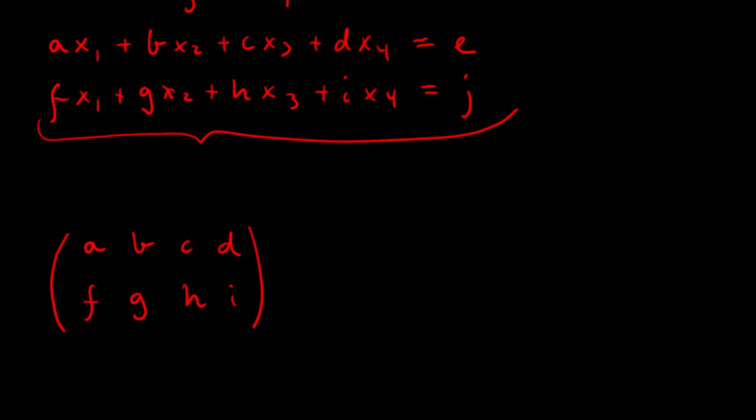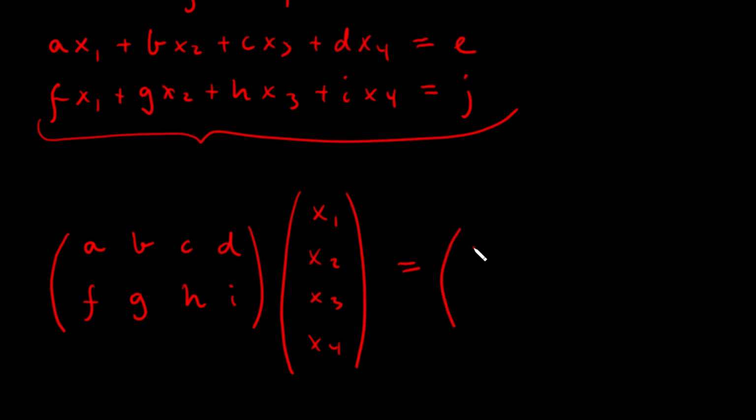And then this vector x, which was the unknowns, could be put in a column vector as before, but this time in a 4 times 1 column vector. And on the right hand side we will have another column vector, but it's a smaller dimension.